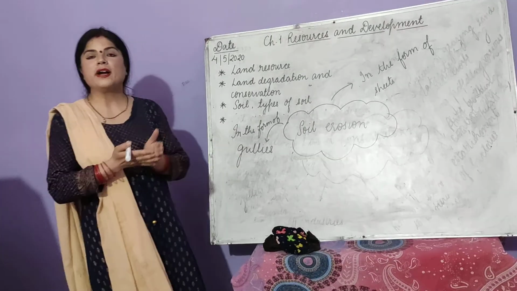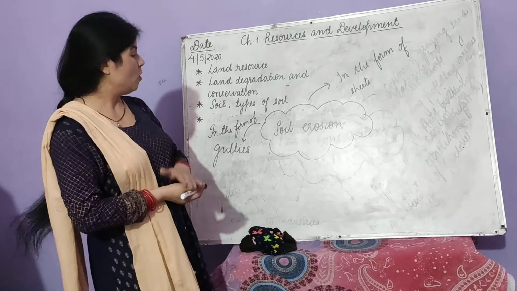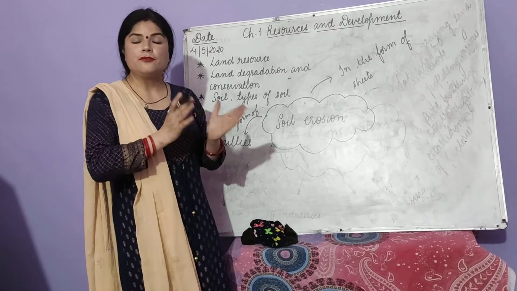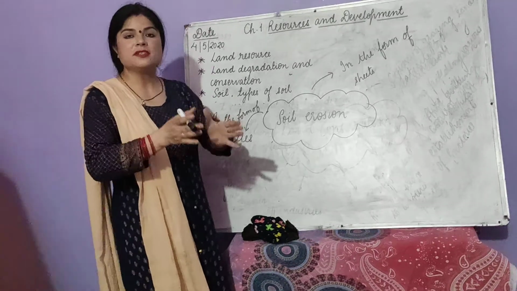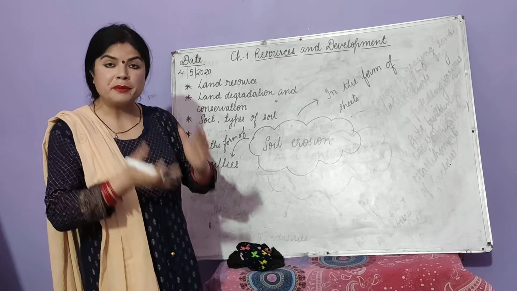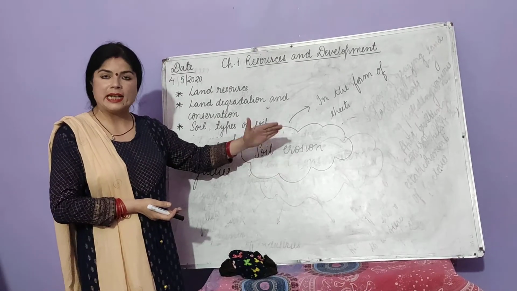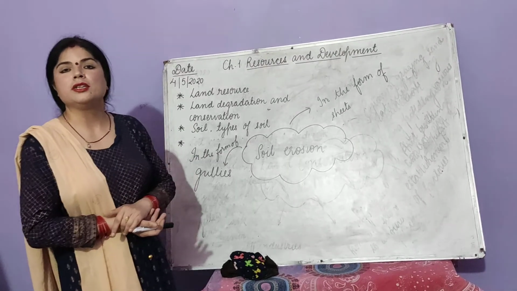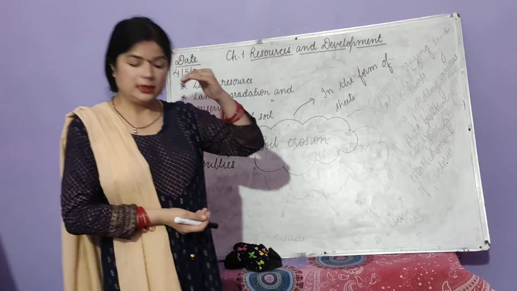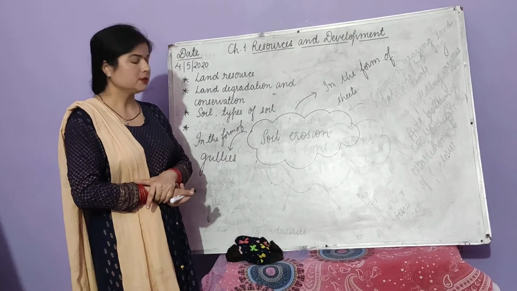Under this we find that when water flows very fast on the topmost area of the earth, the flow of water makes different types of drains or gullies, kind of pits, which is a main reason for land degradation or soil erosion. The uppermost part of the earth gets damaged due to this erosion.